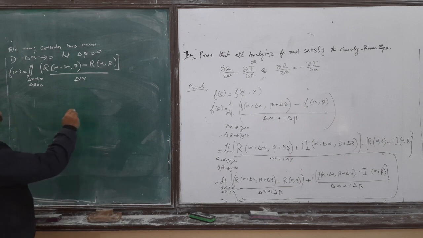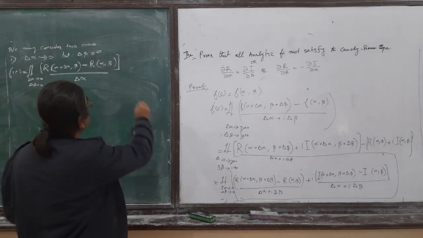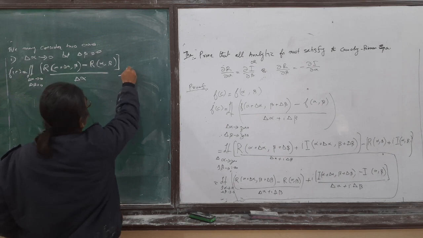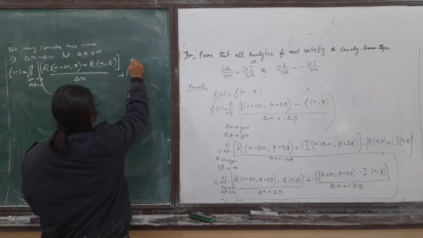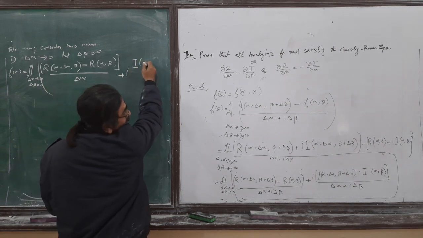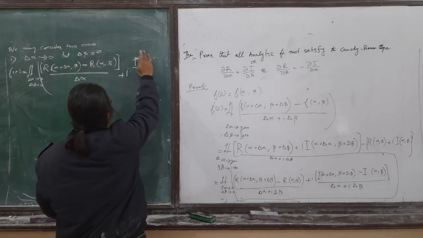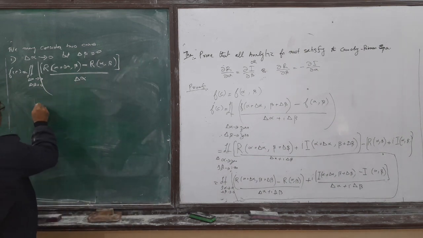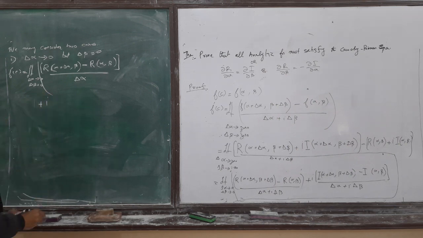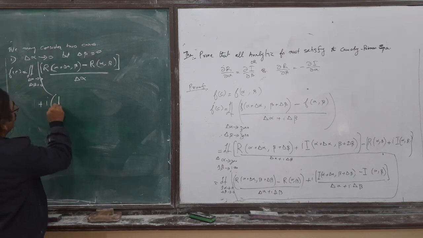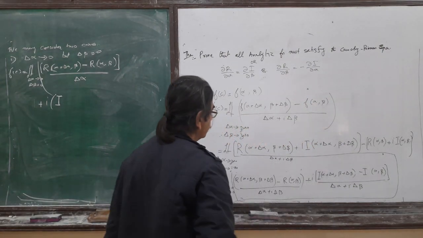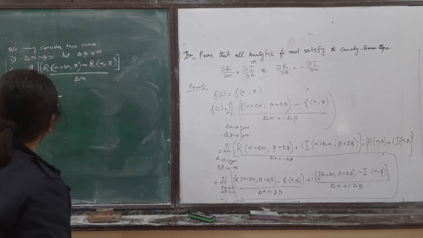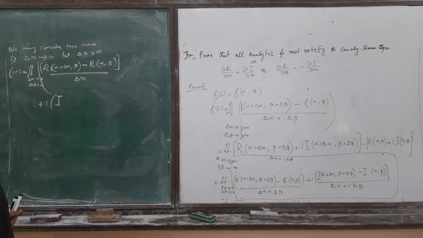Okay. And plus iota, yes, I of alpha plus delta alpha, this I is multiplying, okay. Alpha approaches 0, okay, and beta is constant.